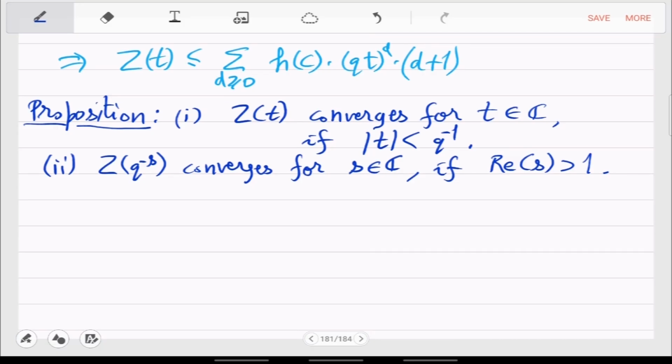So if the real part of s is 1 plus epsilon, then you get 1 minus s to be essentially minus epsilon on the real part. But that is enough to let it fall and converge. The series will converge. Okay, so the proof I leave as an exercise.